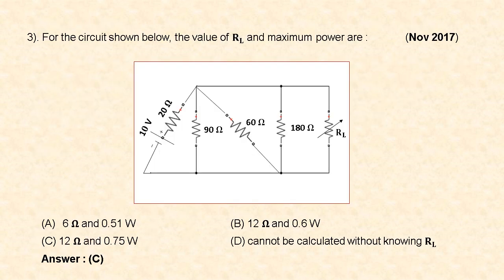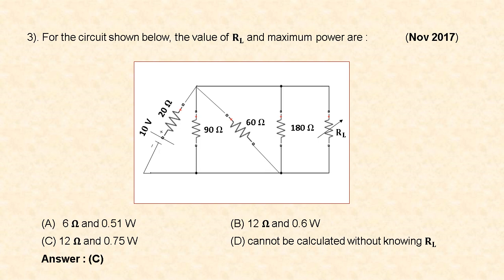Next question is, for the circuit shown below, the value of RL and maximum power. This question was asked in November 2017, and here they are given the voltage source as 10 volt and resistor values are 20 ohm, 90 ohm, 60 ohm and 180 ohm, and a variable resistance.